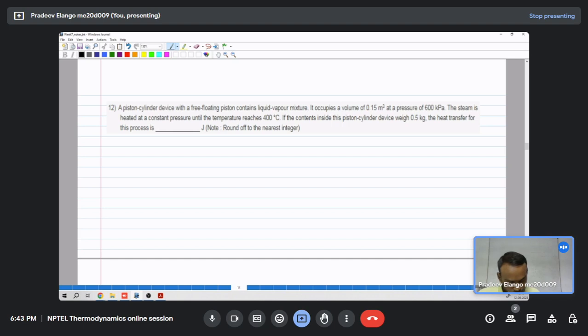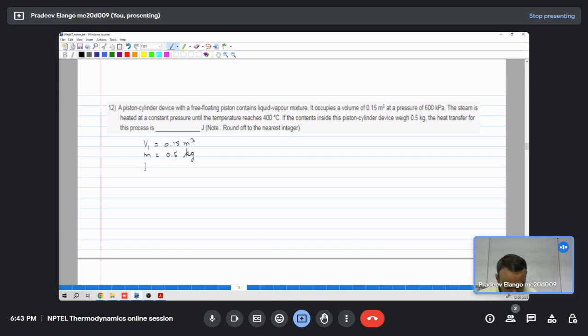So we know the initial volume is 0.15 meter cube and the mass is 0.5 kilogram.